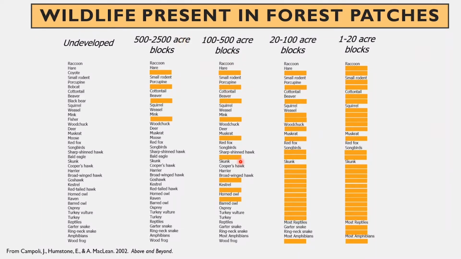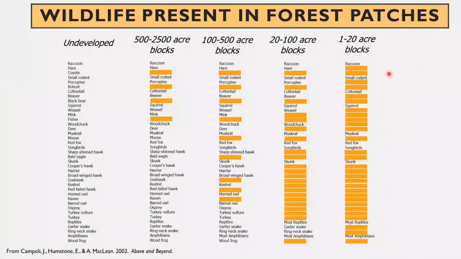Moving to the next smaller block, we start to lose some of our large raptors and other species. And then as you go, more and more of those species will drop out until when you get to this size block, all that's left are the songbirds that might have a relatively small territory or home range, or the species that have become highly adapted to living among humans, like raccoons, who are garbage can specialists.